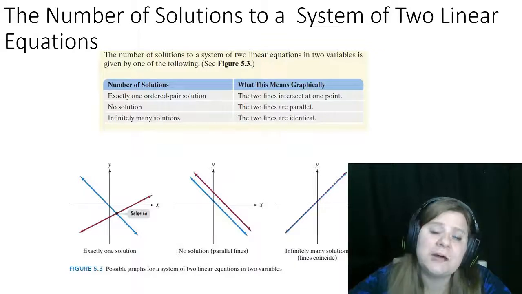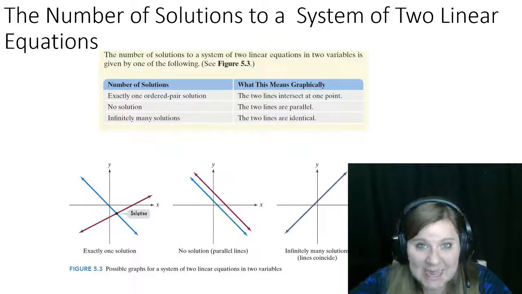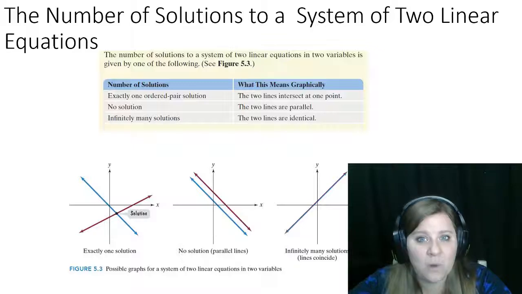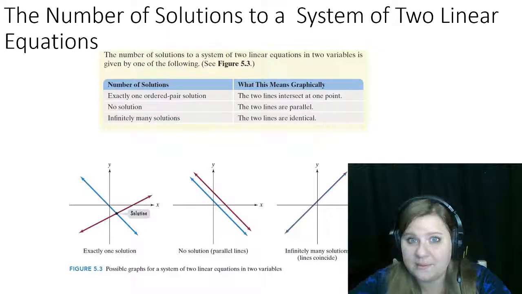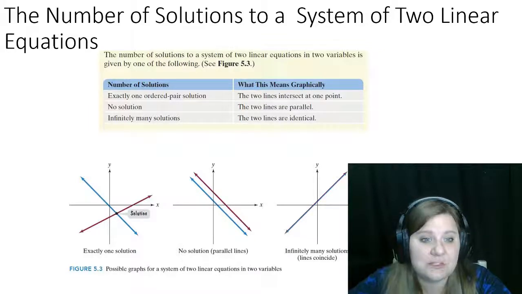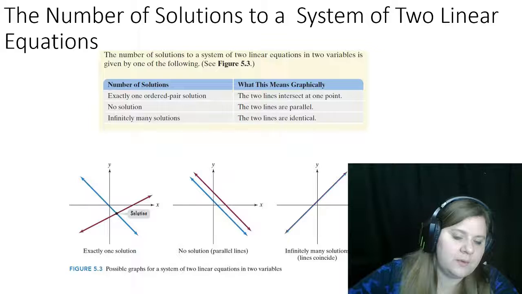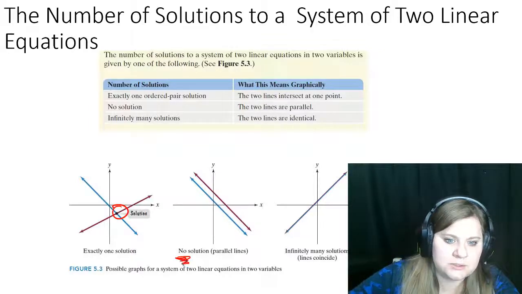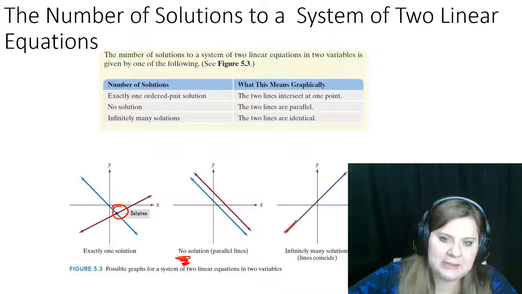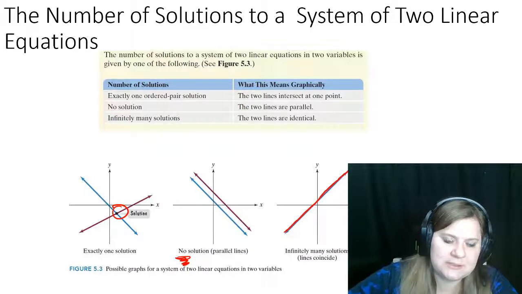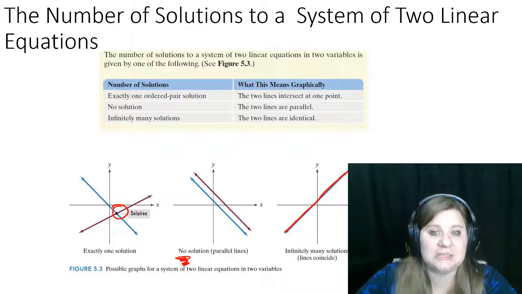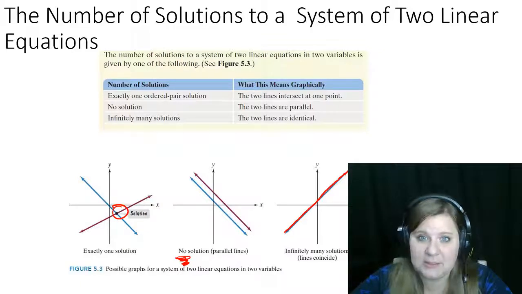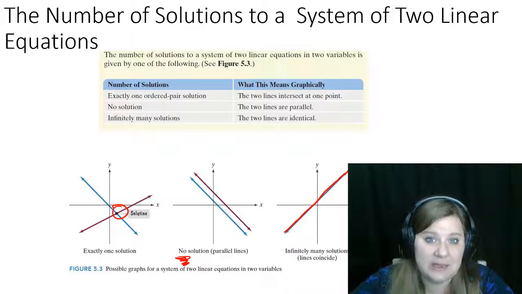And it's also possible for your 2 lines to be exactly the same line laid one on top of the other. That will give you an infinite number of solutions. Okay? So, notice, one solution, no solutions, infinitely many solutions. That's where, again, the 2 lines literally lay on top of each other. They're exactly the same line.